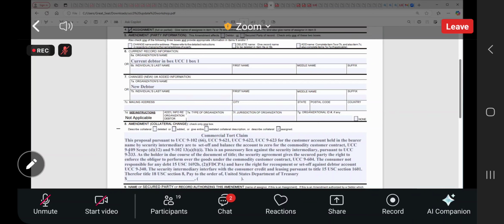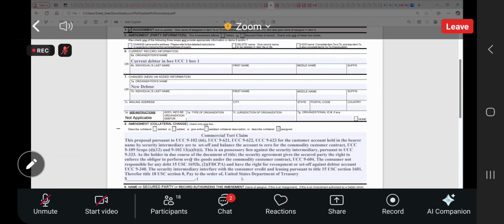UCC 9-109-12 D12, right? And 9-102-13AB1. This is the possessory lien against a securities intermediary pursuant to UCC 9-333.